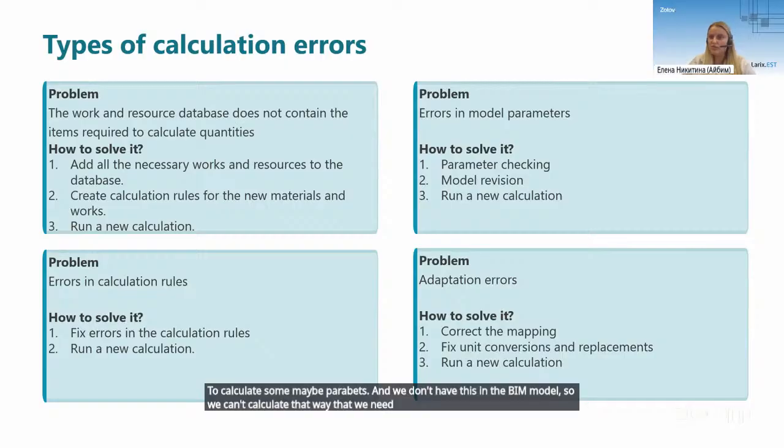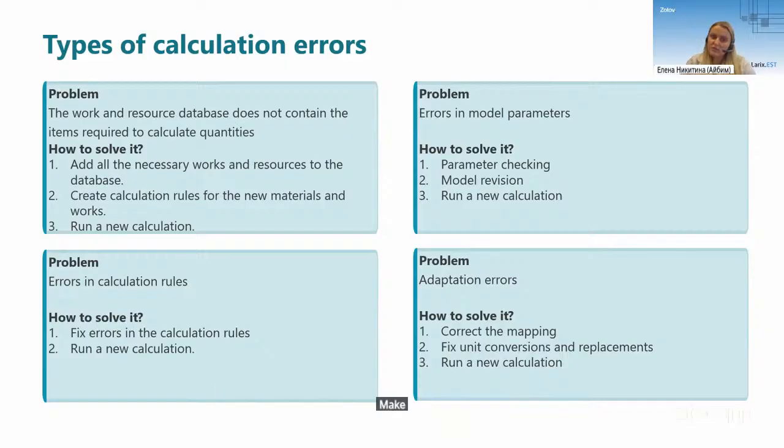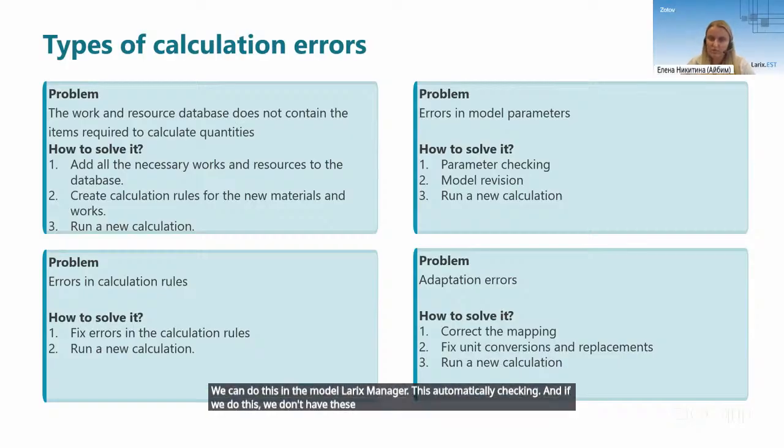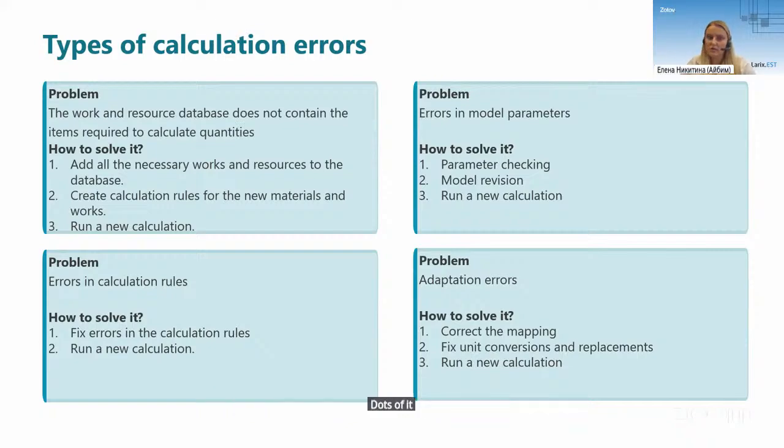We need to do parameter checking, make a model revision and make a new calculation. We can do this in the Model Checker with automatic checking. If we do this, we don't have these problems because we will work with the data that is needed to make the right calculation.